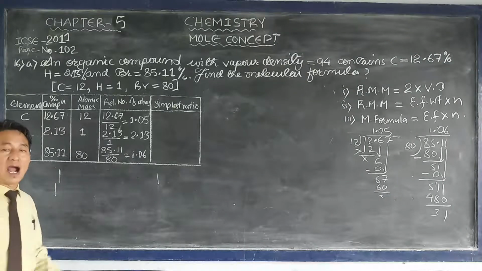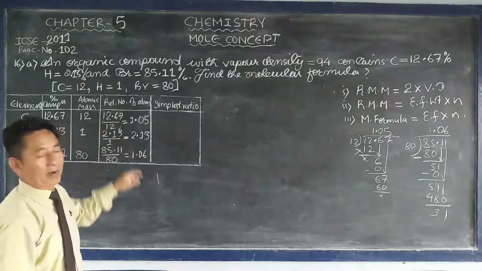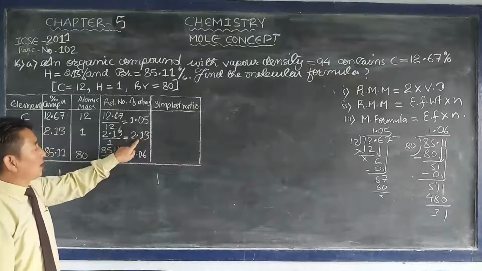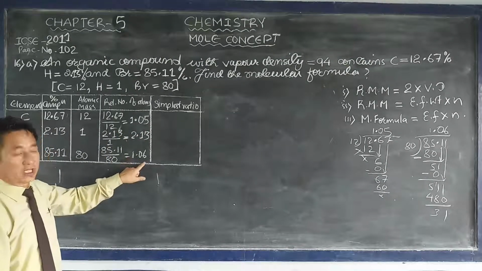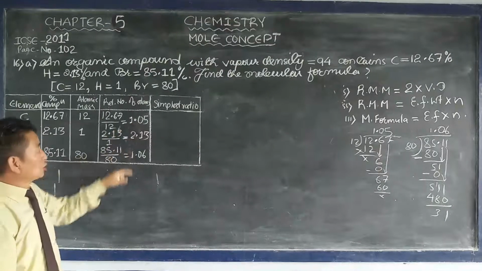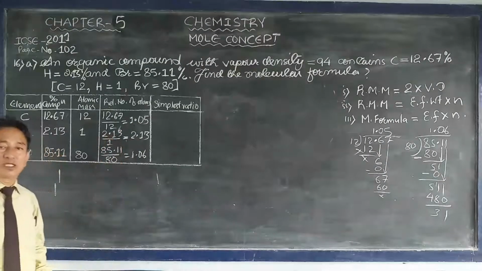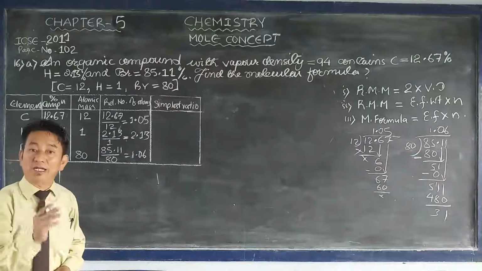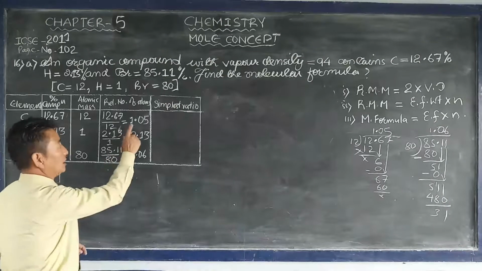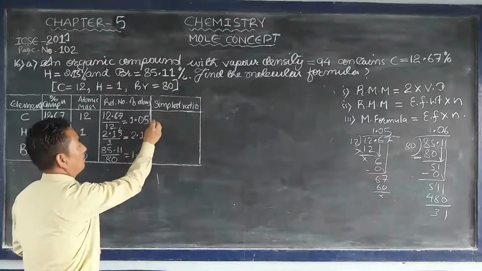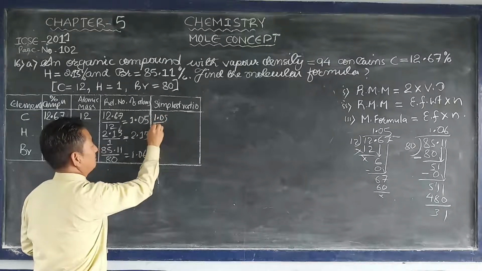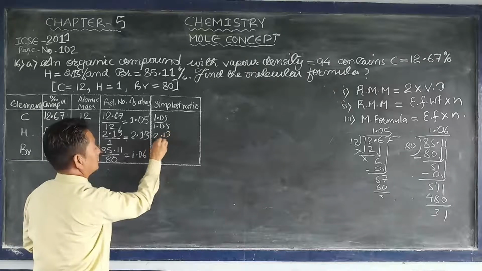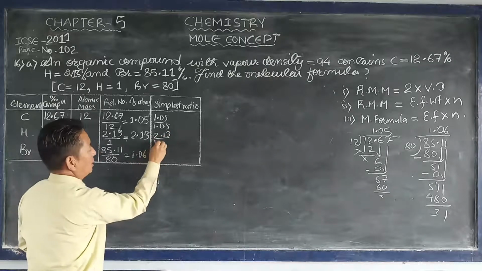First of all, we have to identify the least number of atoms. Here 1.05, 2.13, 1.06. Least number is this. So when we are finding the simplest ratio, we have to divide this relative number of atoms by the least number of atoms. Here least number is 1.05. 1.05 is divided by 1.05. Here 2.13 is divided by 1.05.